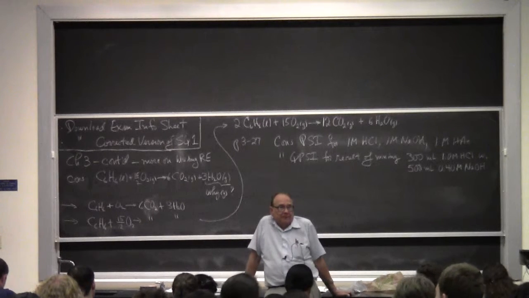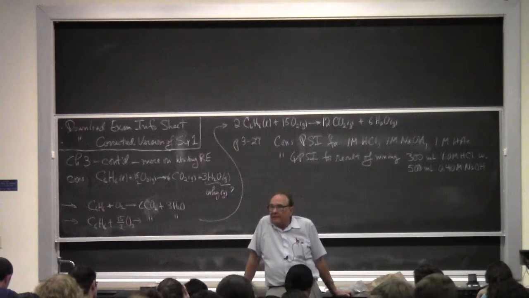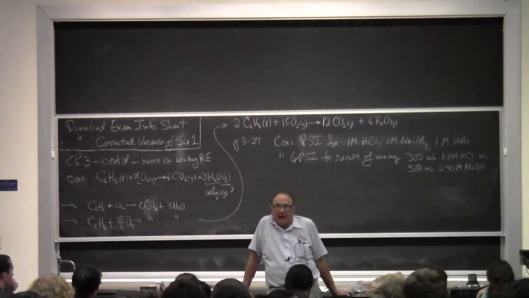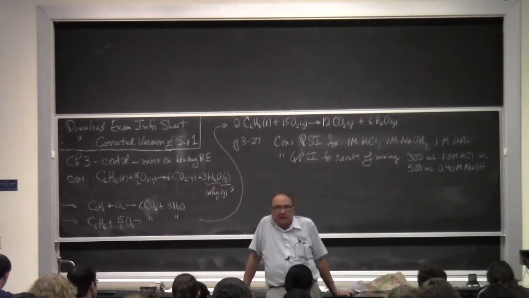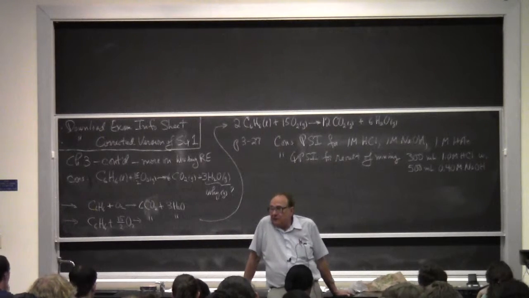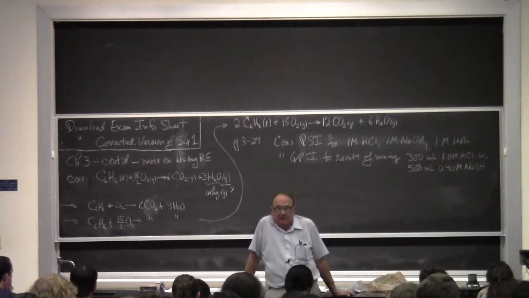Because if I'm going to understand the chemistry that occurs in any chemical system, I must know what's in the system. To try to understand a reaction without knowing what's in the system is absolutely impossible.